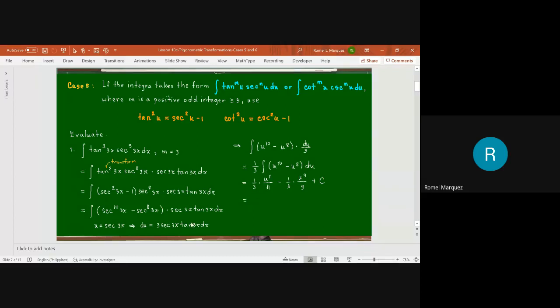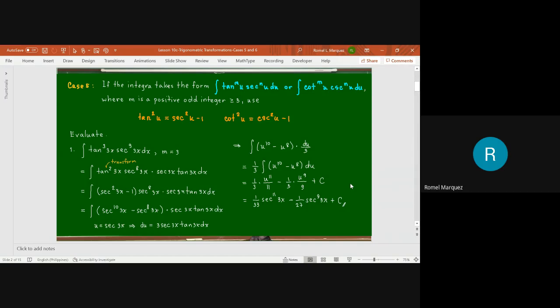So u is originally secant, no? So 1 over 33 secant of 3x, and this secant is raised to 11, minus 1 over 27 secant to the 9th of 3x, and then plus c.